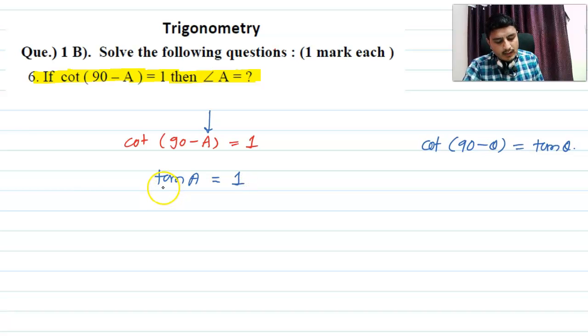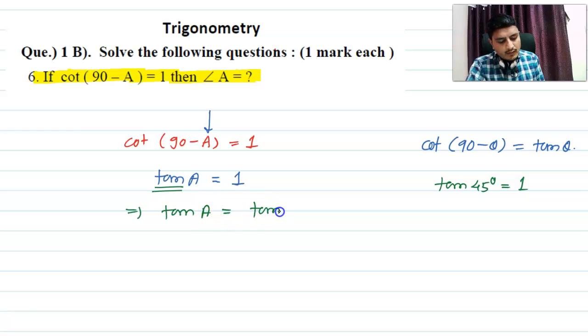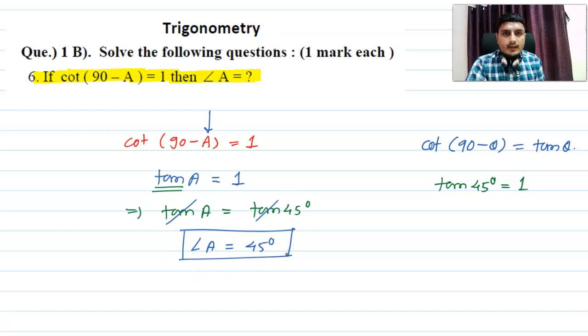Now in case of the LHS, once we have the tangent angle, look at the trigonometric table, we have the value of tan of 45 degree equal to 1. So we can replace now 1 in terms of the tangent angle of 45 degree. Now tan and tan from both sides getting cancelled, so the value of angle A is equal to 45 degree.